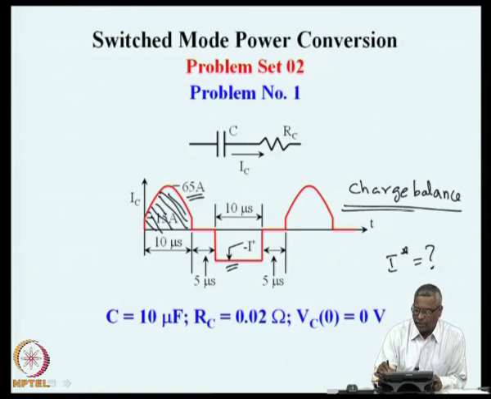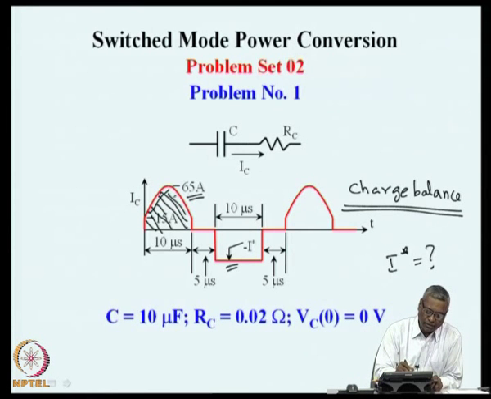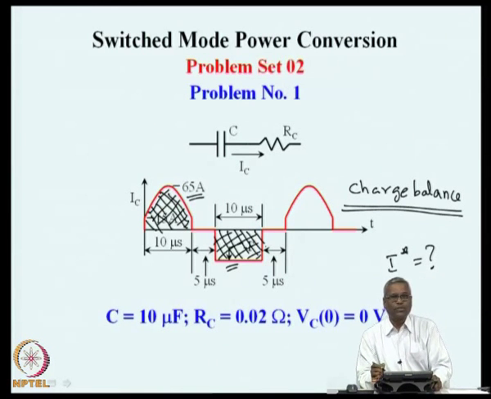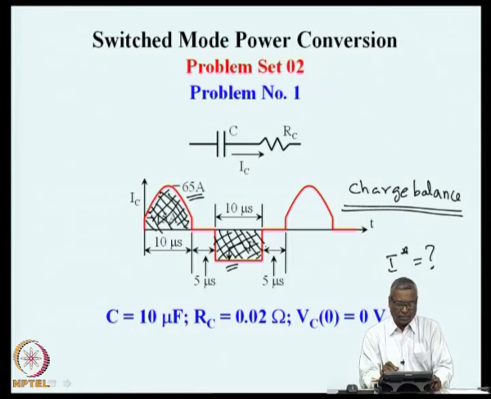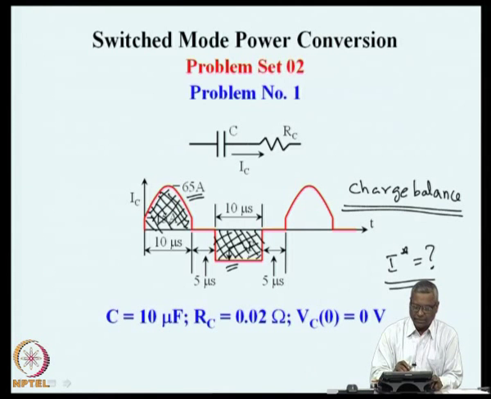That is, over one period the charge that is given to the capacitor is the same as the charge that is taken from the capacitor. This is the principle that is used to solve for the negative current I star.